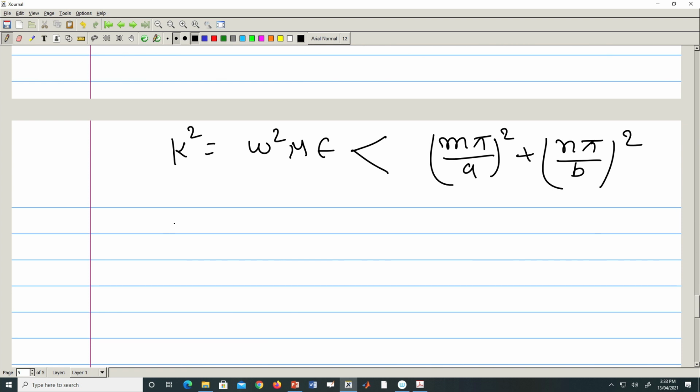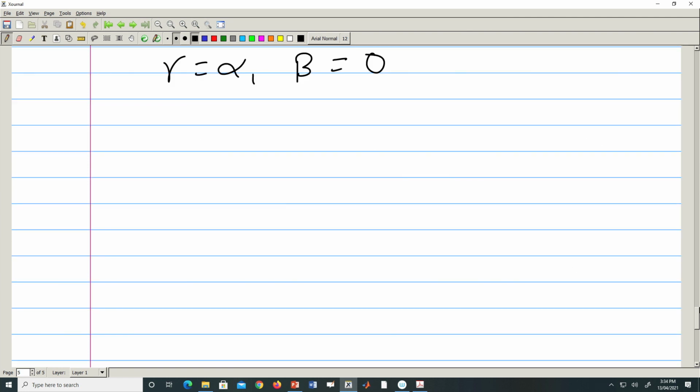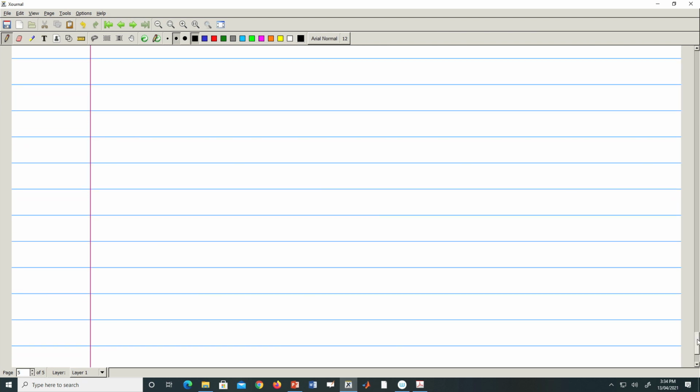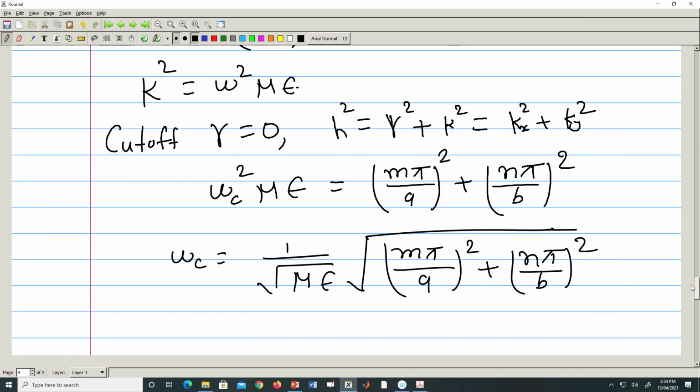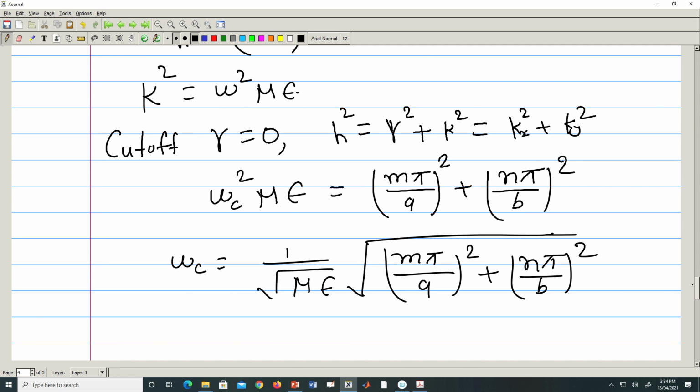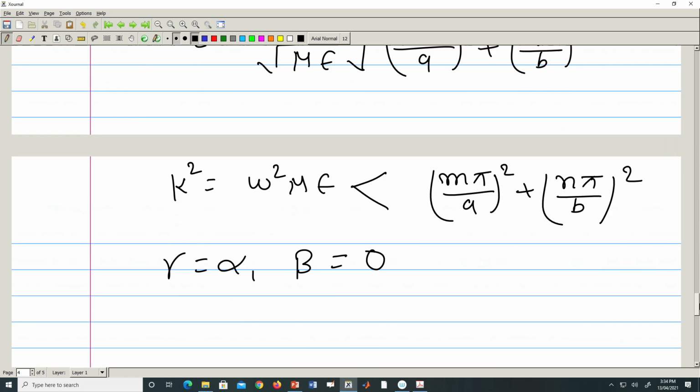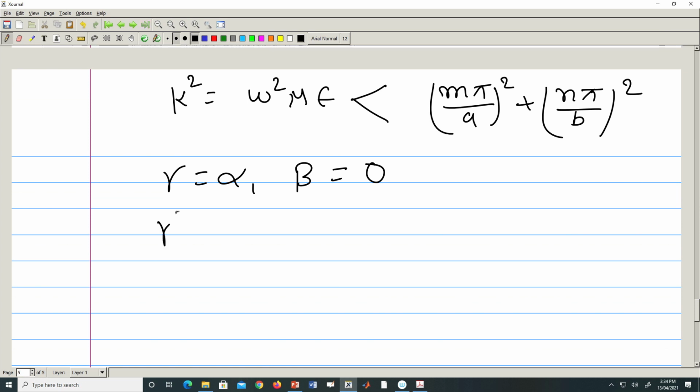Because we can see that gamma square equals k x square plus k y square minus k square. If k square is less, then this will be positive and gamma will be a positive quantity.